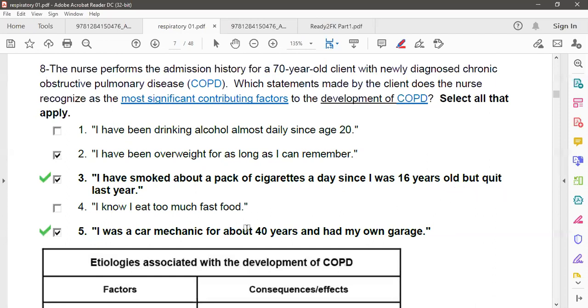I know I ate too much fast food. It is not related to the COPD. I was a car mechanic for 40 years and had my own garage. So occupation history is important. Okay, occupational.